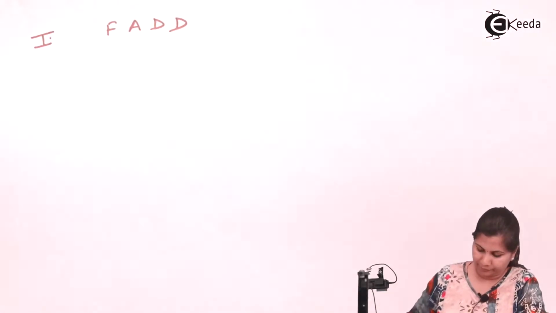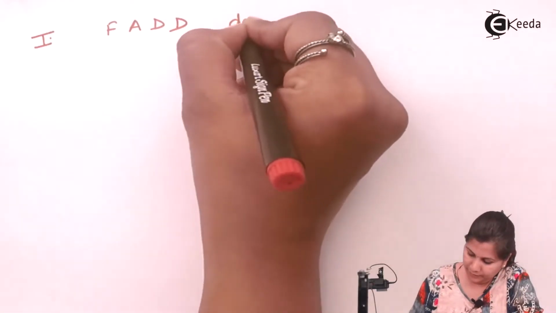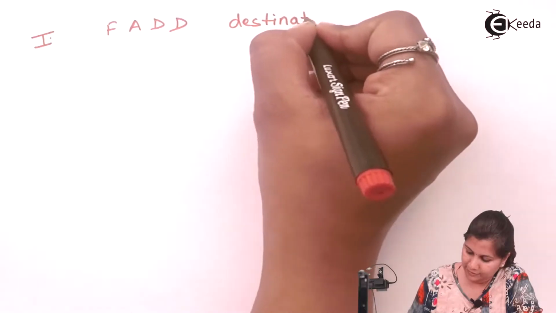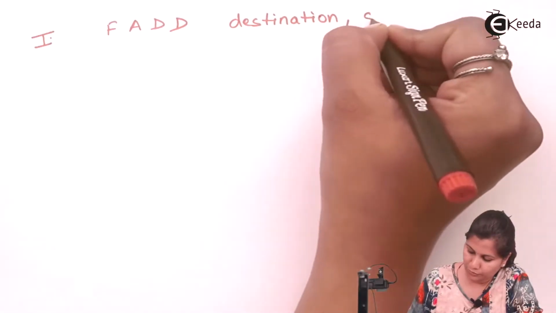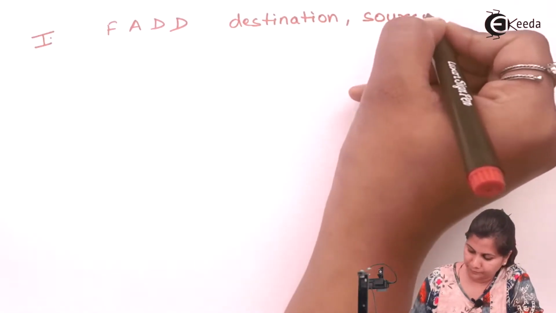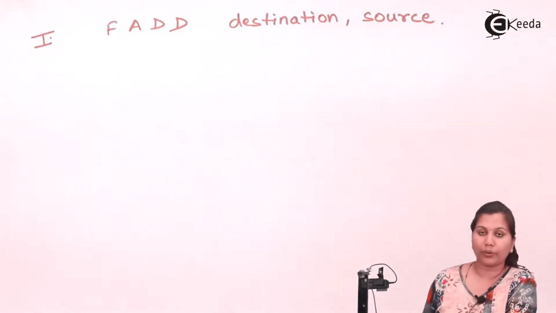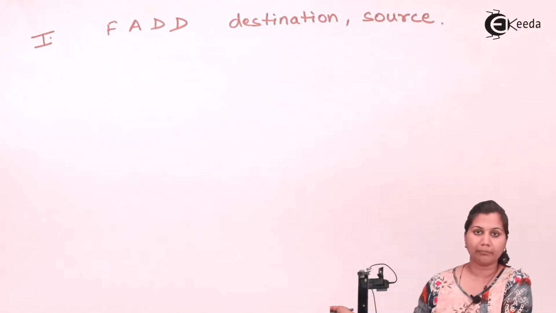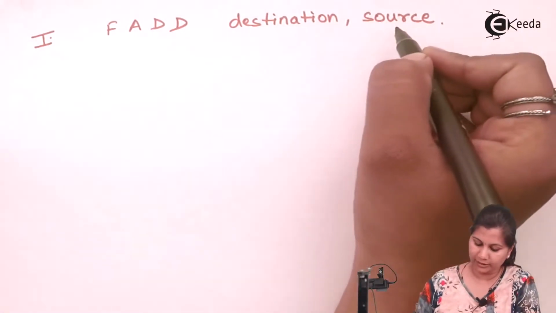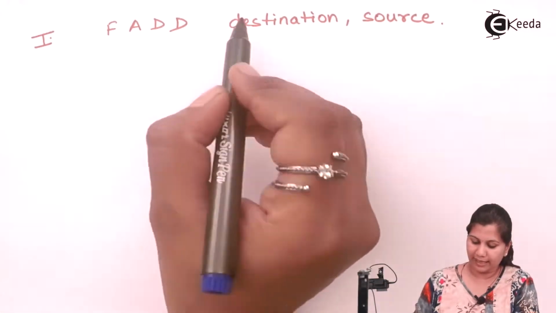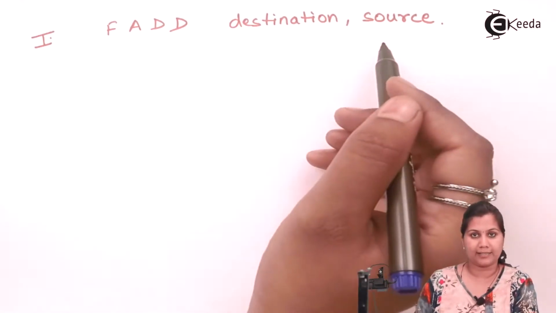Its format is FADD, then destination, and then source. So what this instruction does, it is going to add the number which is at the specified source to the number which is there at the specified destination.